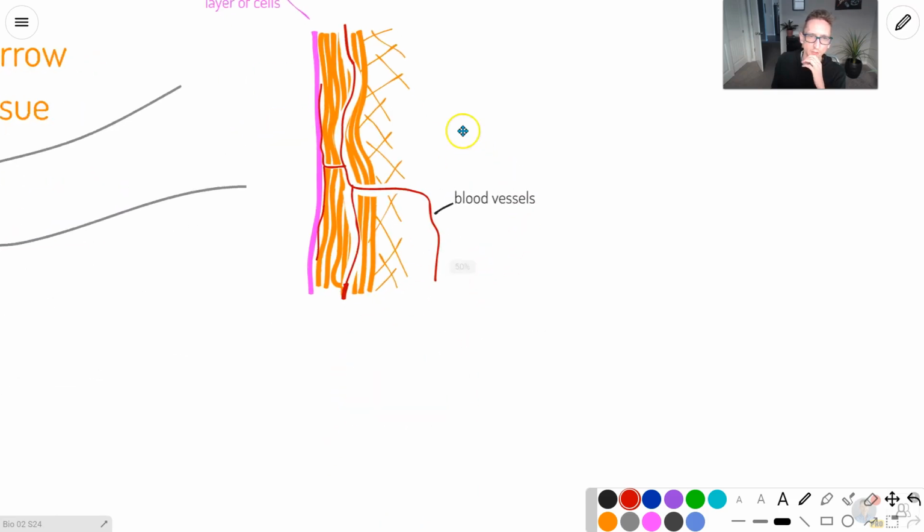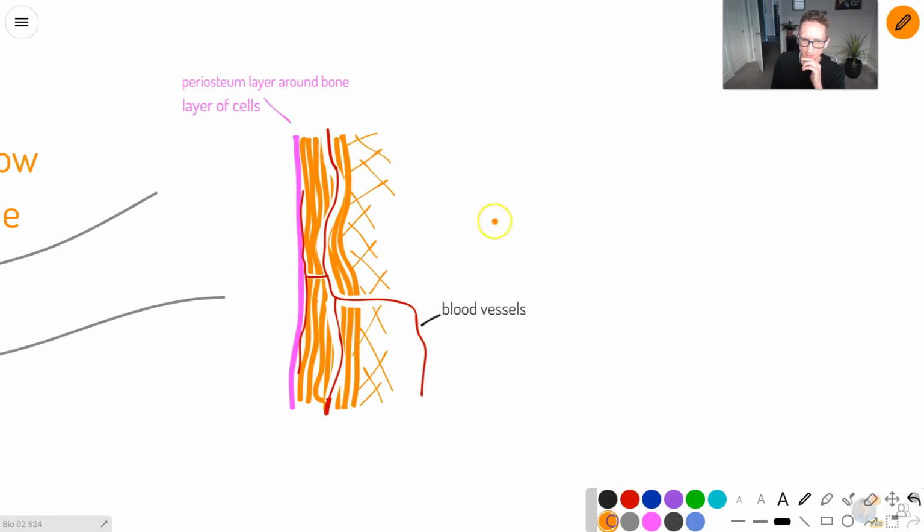Here we've got our spongy bone, and here we've got our compact bone. All right. Pretty nifty.